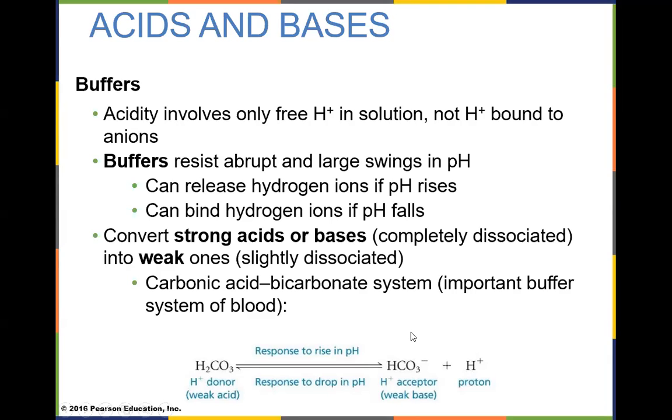And so the buffering system is designed to neutralize acids by releasing hydroxyls, the OH groups, or it can, if our pH goes up, release hydrogen ions to neutralize the base.